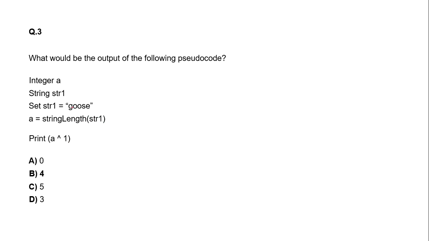That is goose. 1, 2, 3, 4, 5. So what is the value of A then? 5. Then what we are doing? We are performing an XOR operation of A and 1. What we have to do for this? You must know the binary form of 5. What is that? 101, right? So 101, and we are XORing it with 1.